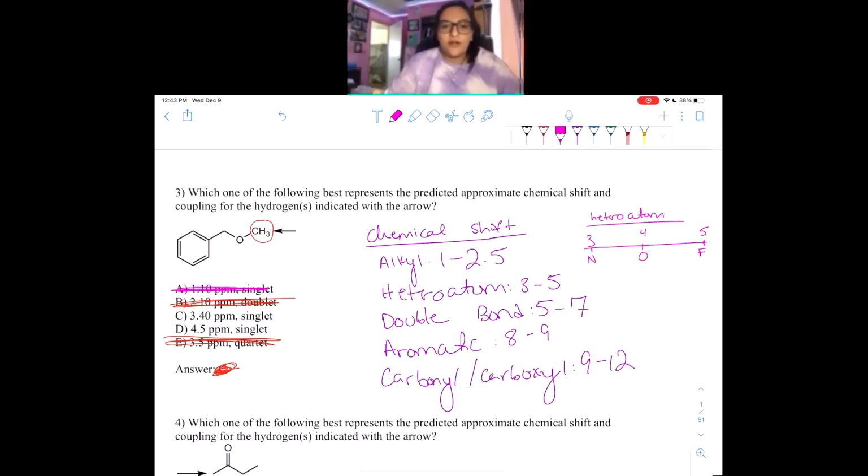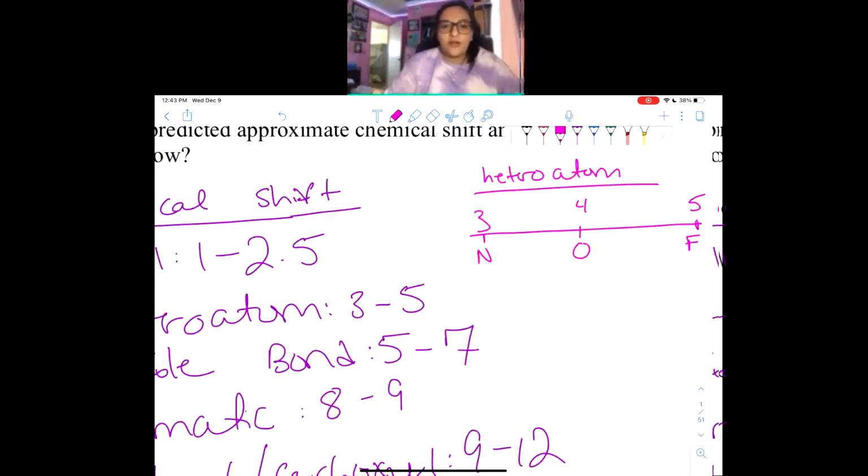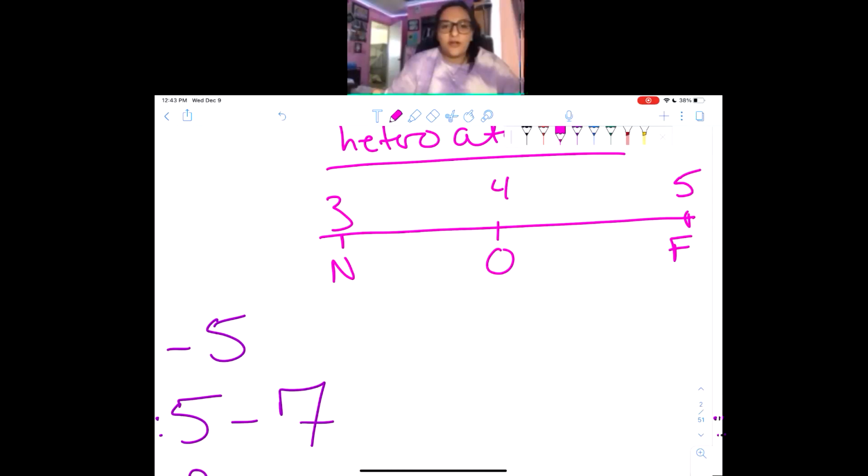So automatically we can get rid of A because 1.0, that's in a different region. But we can choose from 3.4 or 4.5. So let's go back up to this little number line here. If the baseline for an oxygen is a 4, do we think the hydrogen attached to a carbon attached to an oxygen is going to be higher than 4, or do we think it'll be lower than 4?